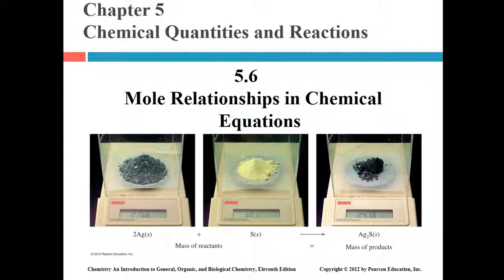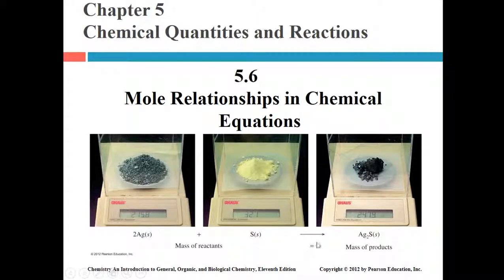Now you'll notice that here's our representation of 2 moles of silver right here, 215.8 grams. And the coefficient in front of the S, there is none, so it's understood to be 1 then. So for 1 mole of sulfur, you look up the molar mass of sulfur, it's 32.1 grams.